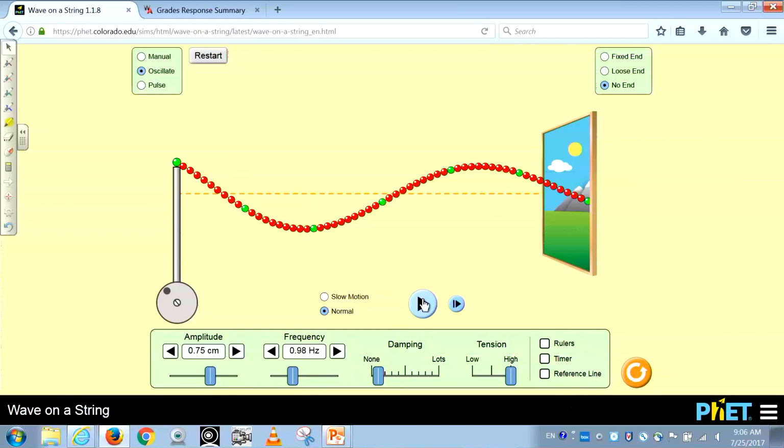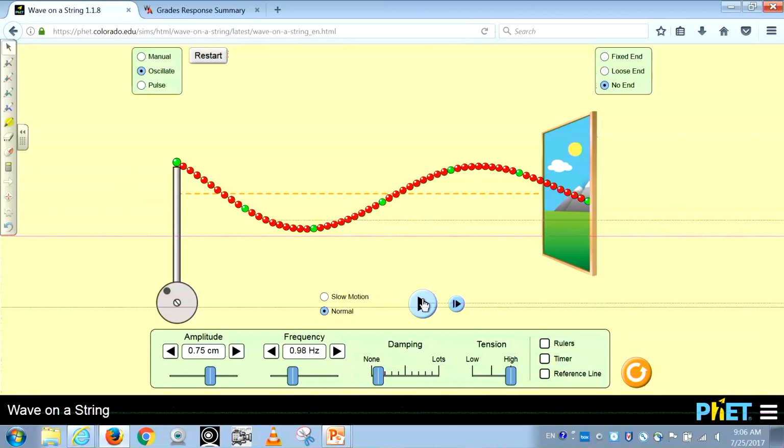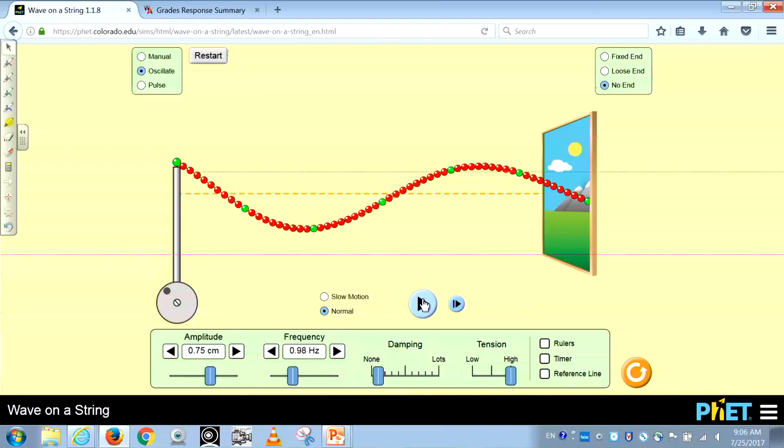So we can draw the x-axis, and relative to that axis, right now, we can measure an instantaneous displacement from the equilibrium of every single wave particle. So this is the equilibrium, and this particle is displaced up by this much. This particle is at the equilibrium position. This particle displaced down below the equilibrium position.